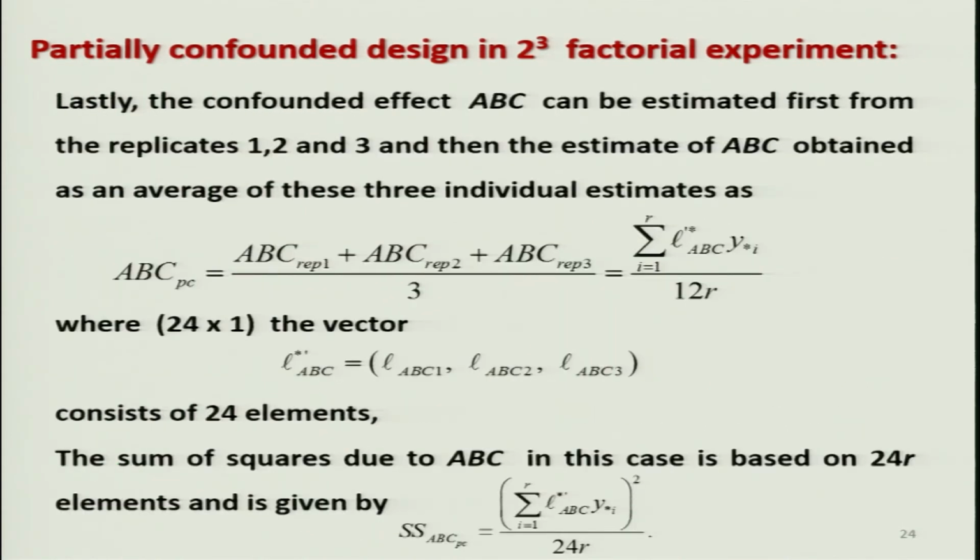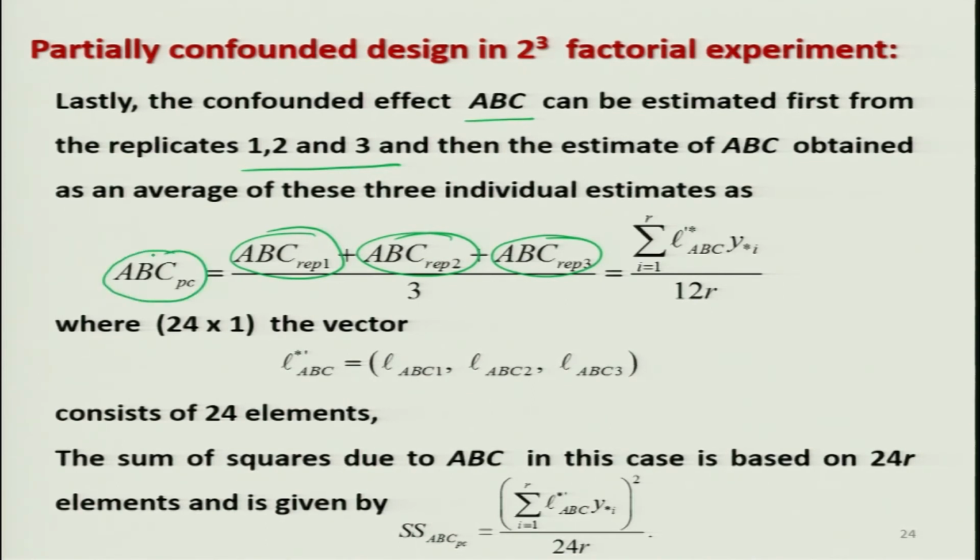And now finally, the effect ABC is confounded in replicate 4, so it has to be estimated from replicates 1, 2 and 3. We estimate ABC from replicate 1, replicate 2 and replicate 3, and then take its arithmetic mean. This is how we estimate ABC under partial confounding.